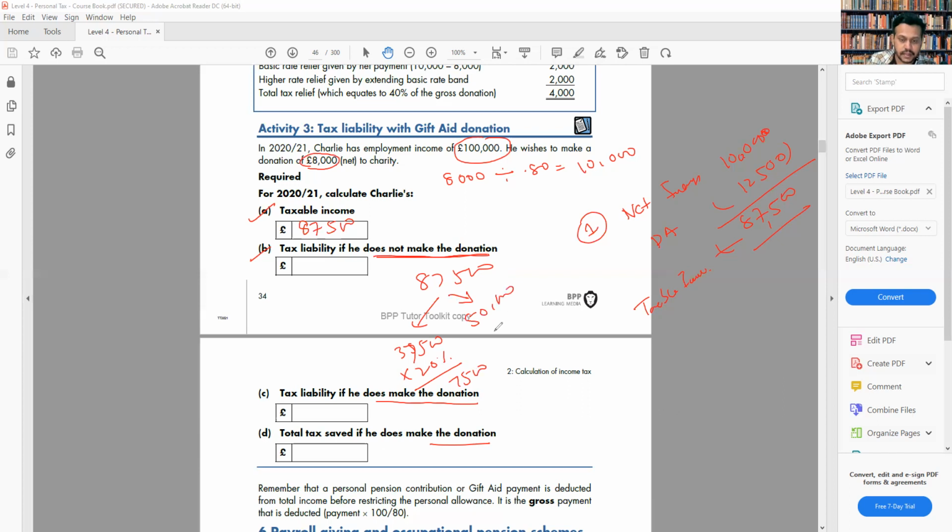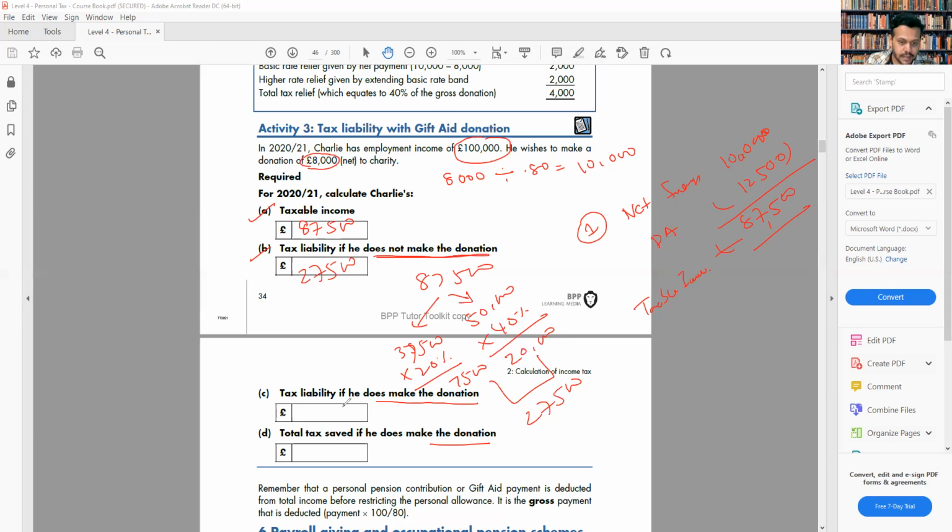It's a higher rate, and this 50,000 will be at 40%. So 50,000 times 40% will be 20,000. So 20,000 plus 7,500 will be 27,500. This is our tax liability if the person doesn't make any donation. So we don't have to extend the band. It's 27,500 you need to pay if you don't make any donation.